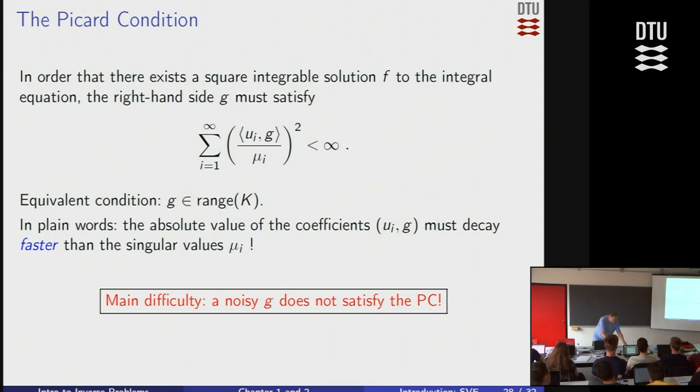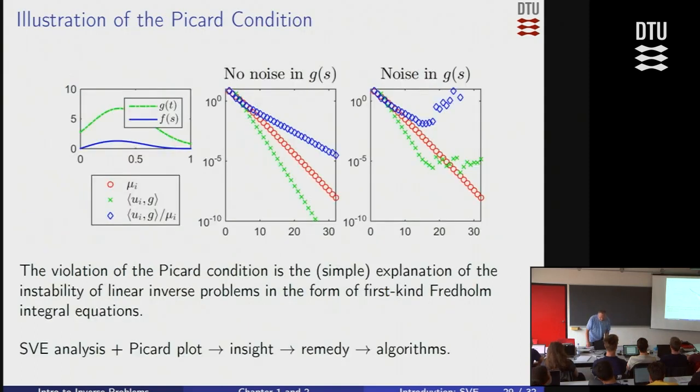Okay, so just a few more slides, and then we'll be done, because here's actually an illustration of the Picard condition for a particular integral equation where I could do numerical computations. Let's see. There's a lot of stuff here, isn't there?